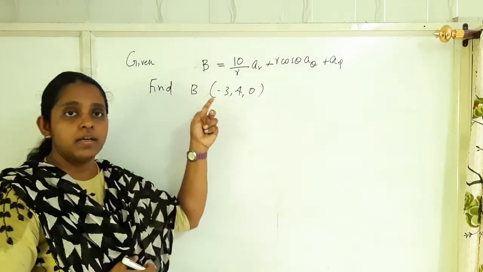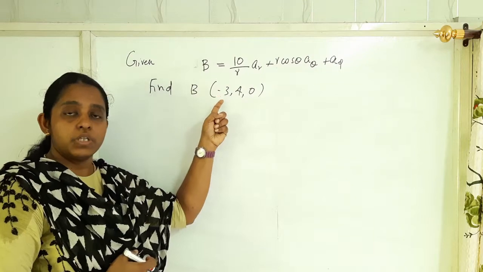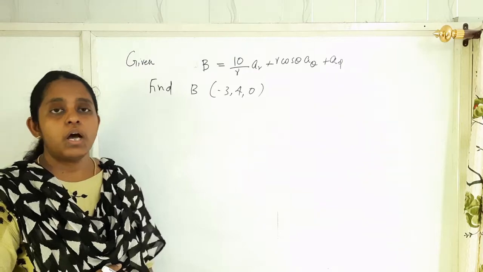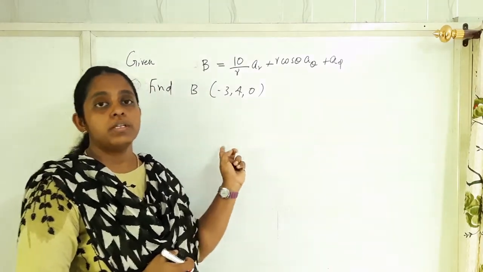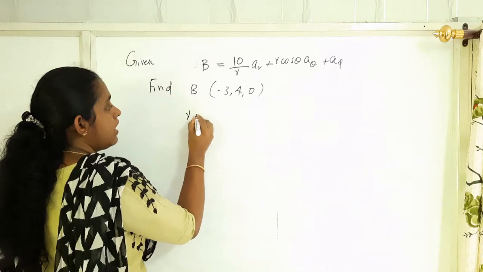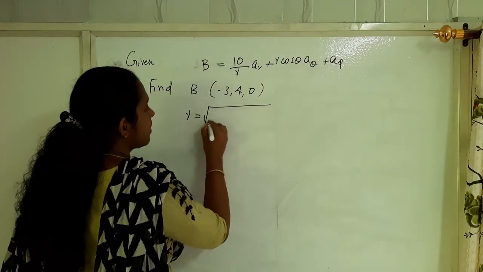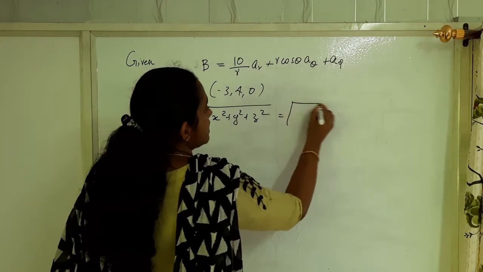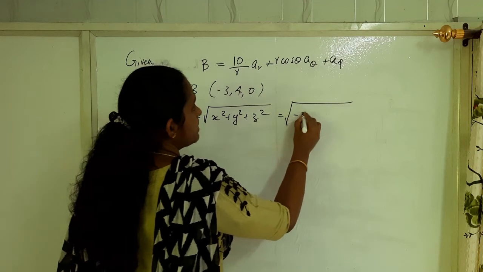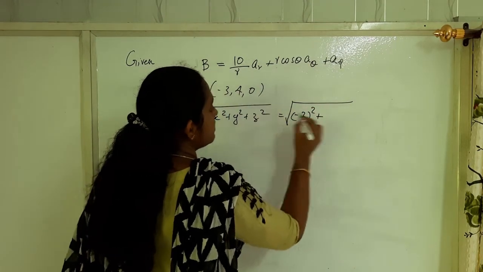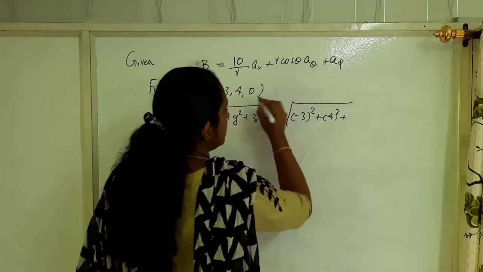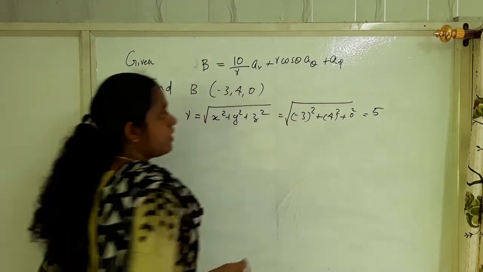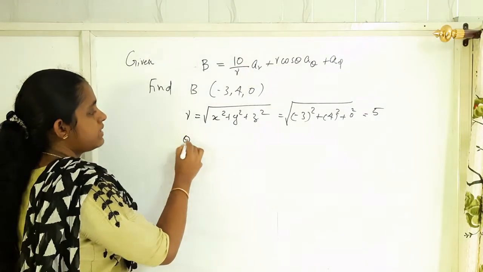First, similar to this point in the Cartesian system, we find the same point in the spherical system. How do we convert from Cartesian into spherical? We know R is equal to the square root of x square plus y square plus z square. Substituting the coordinates, x is minus 3 whole square plus y is 4 square plus z is 0 square, so R is 5. Now the next coordinate is theta.